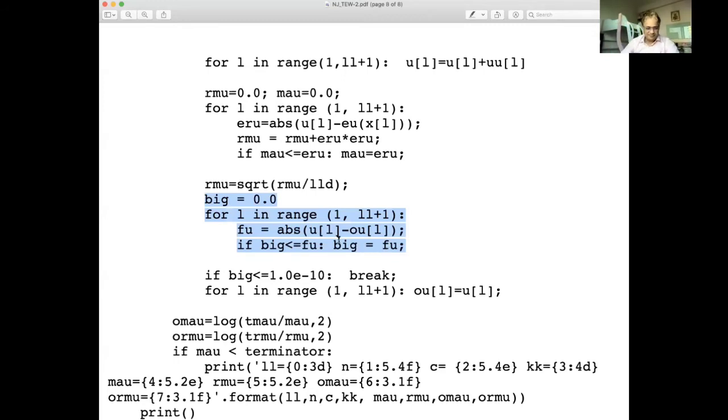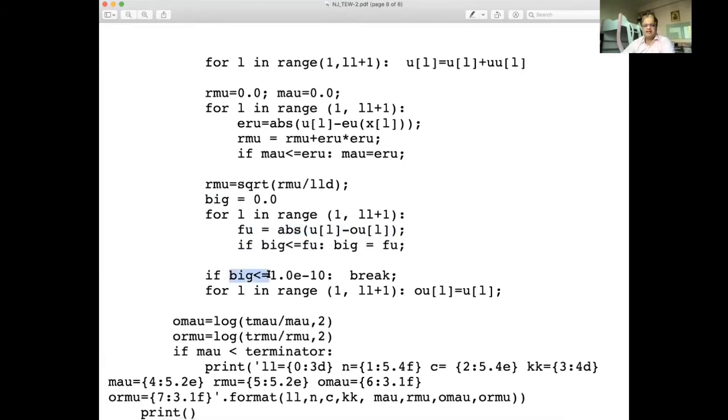I will write big equal to 0 and calculate FU equal to the absolute value of UL minus old UL. The new value of U I have got, and the old value of U that was available previously. I will find the difference between them. If big is less than FU, FU is assigned to big.